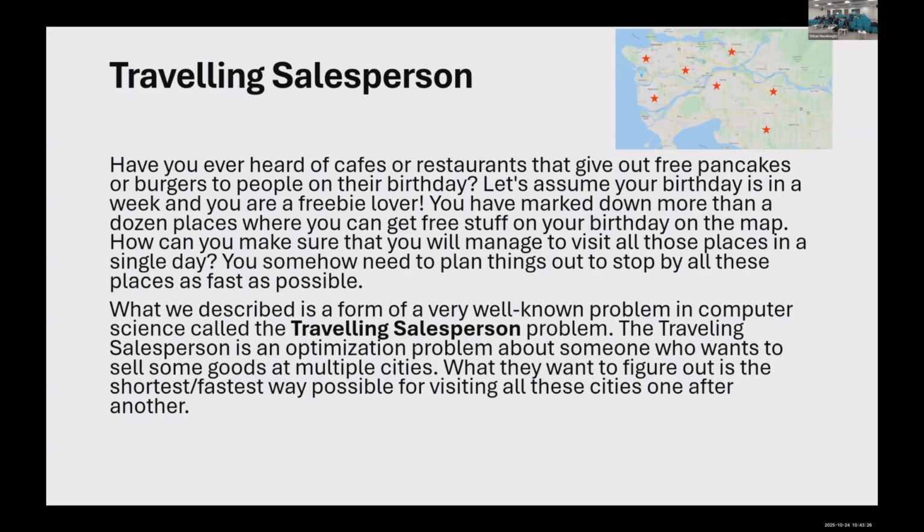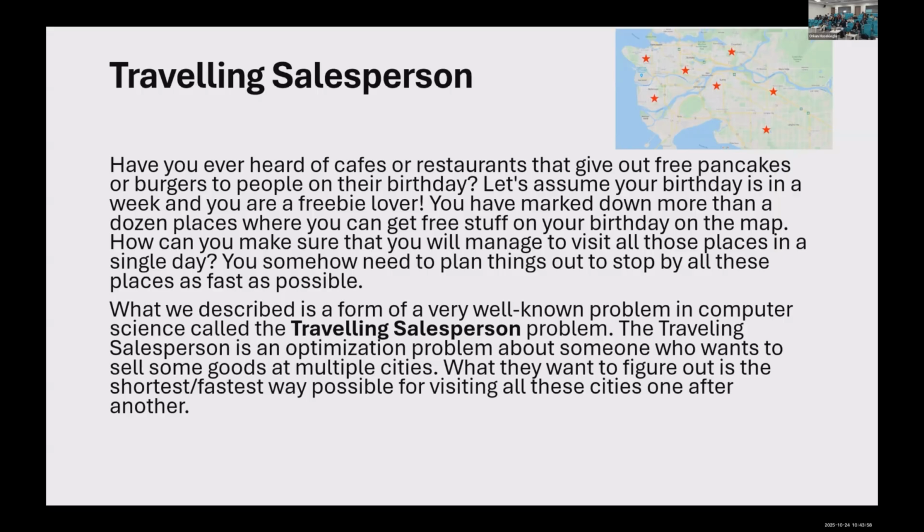Traveling salesperson, have you ever heard of cafes or restaurants that give out free pancakes or burgers to people on their birthday? So when you have a birthday in Canada, most of the places, and some places also in the United States, give free burgers. So let's assume it's your birthday, and that you are in Canada or in the United States.